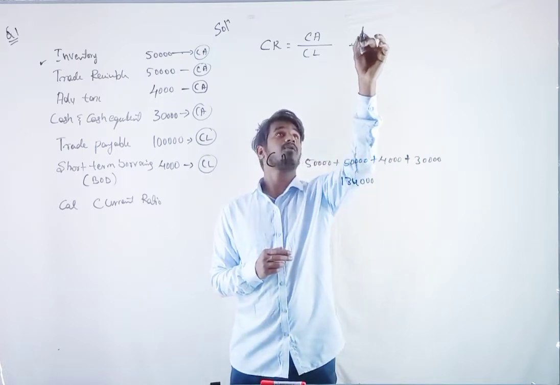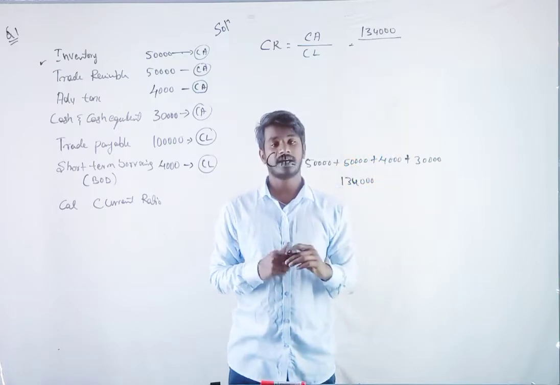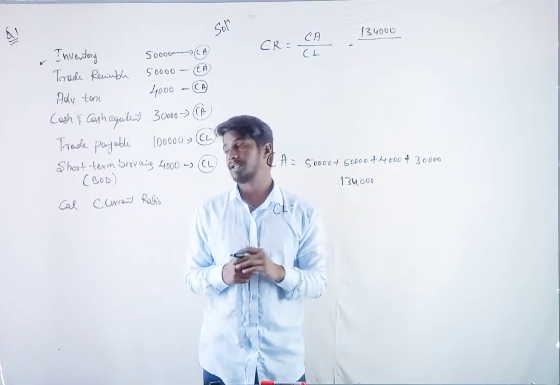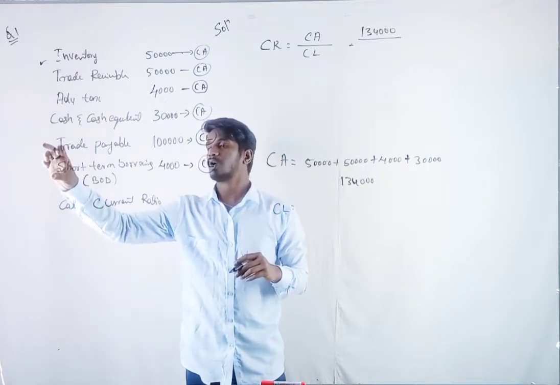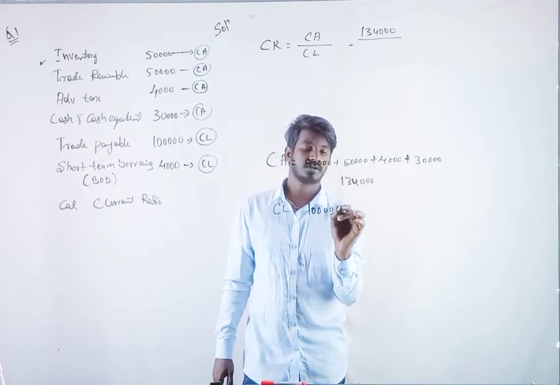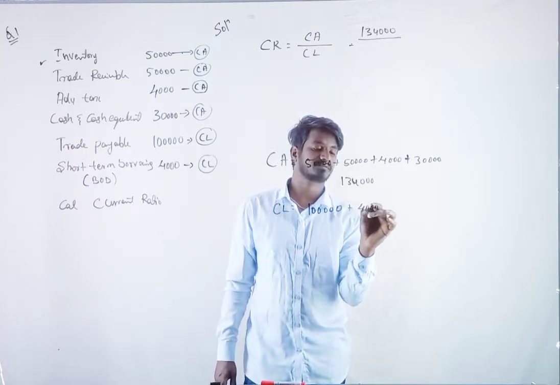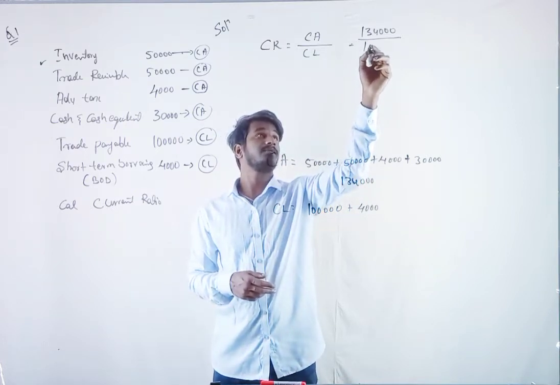Put it in the formula: 1 lakh 34,000 is the current asset, divided by the current liability. How much is the current liability? Trade payable and short term borrowings, 1 lakh plus 4,000. 1 lakh 4,000 is the total current liability.